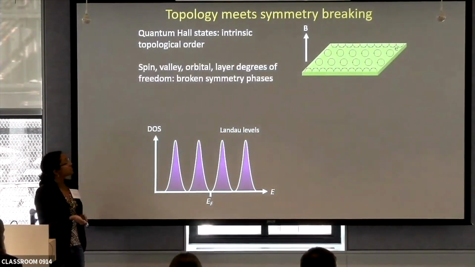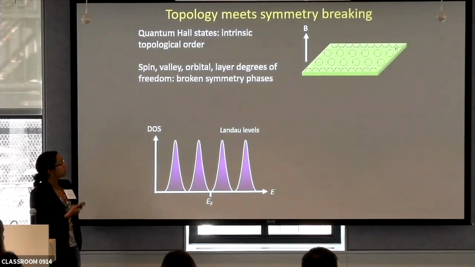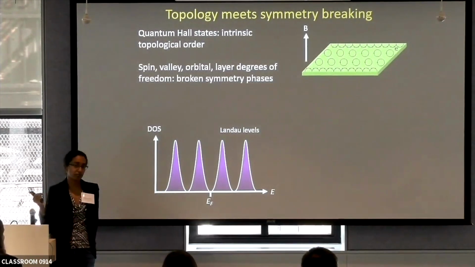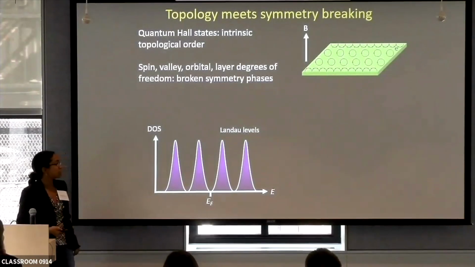And so in systems that have several degrees of freedom, that could be either from a spin degeneracy or some pseudo-spin coming from valley or layer degrees of freedom, this adds an additional degeneracy to the Landau levels.